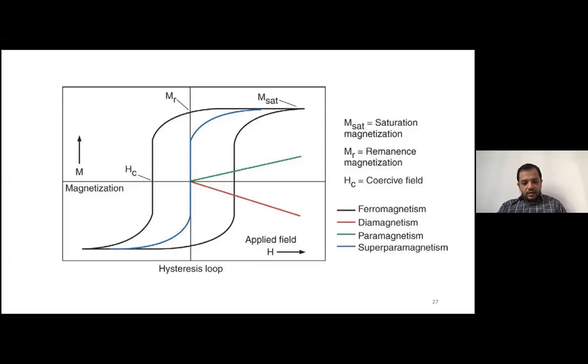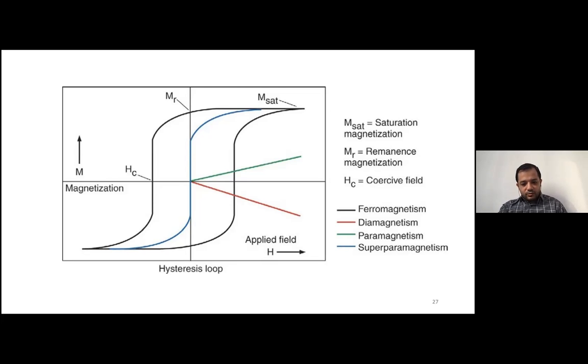And one type of material that is particularly interesting for us, especially in the medical field, are the superparamagnetic particles. They don't have a hysteresis loop, the so-called lack of hysteresis, as they say in the literature. It just aligns. So the blue line is the hysteresis behavior of a superparamagnetic nanoparticle.